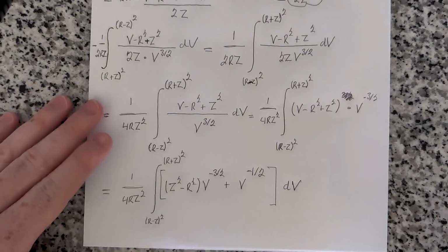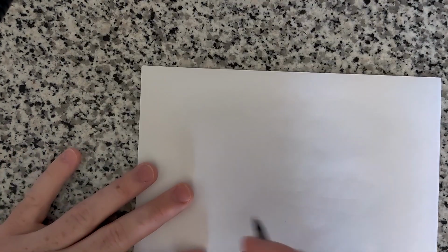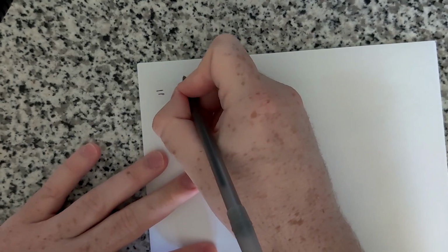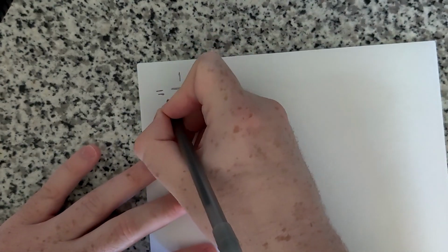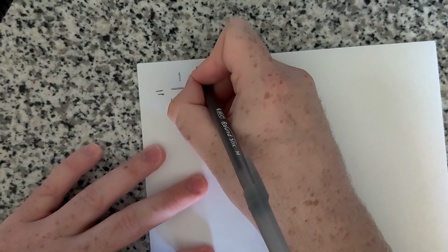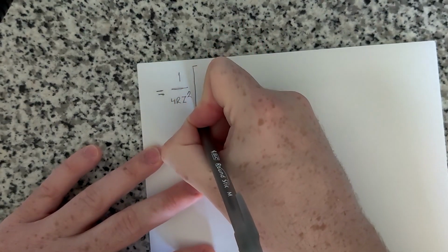So let's go ahead and write out the answer to this integral. It's pretty simple. We have our 1/4rz squared, and that's just going to stay on the outside for now.